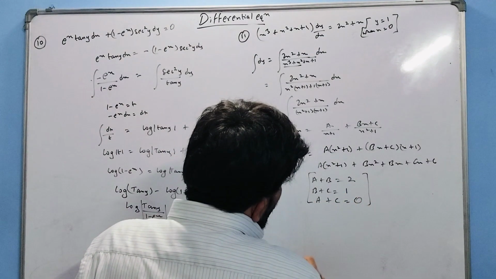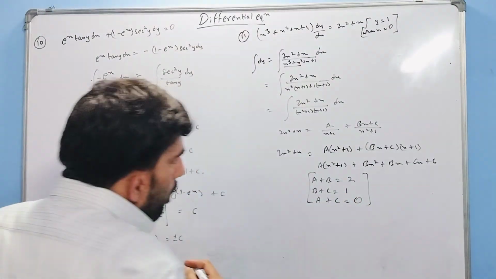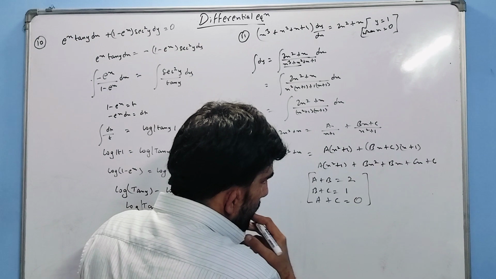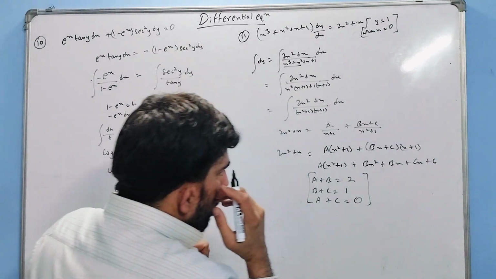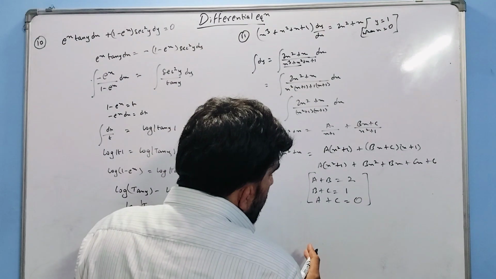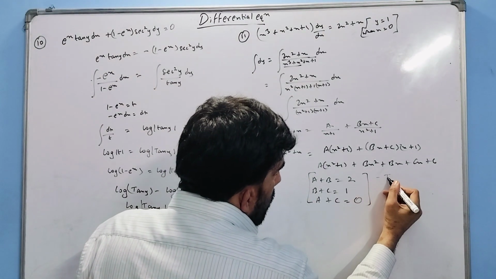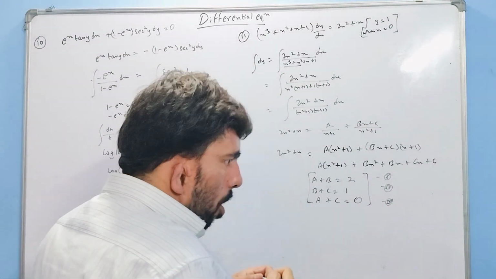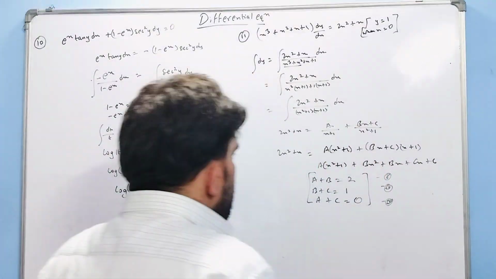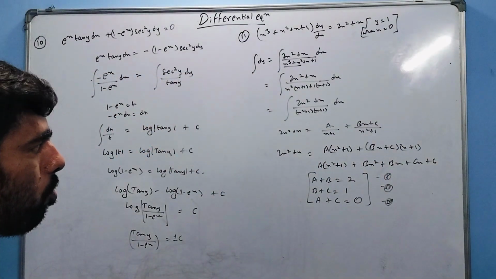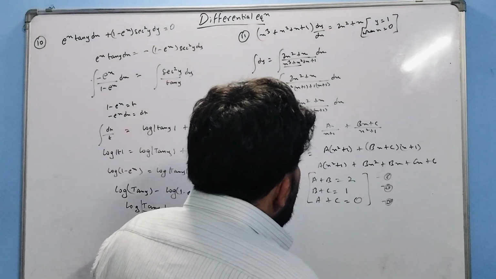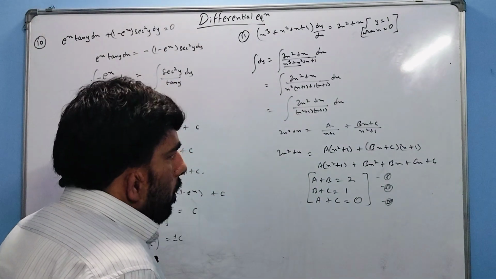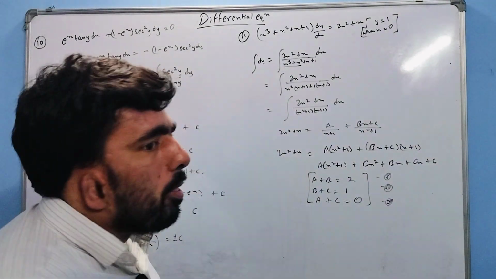So now if I put the values here, we have three equations: A plus B is equal to 2, B plus C is equal to 1, and A plus C is equal to 0. Now let us try to solve them.